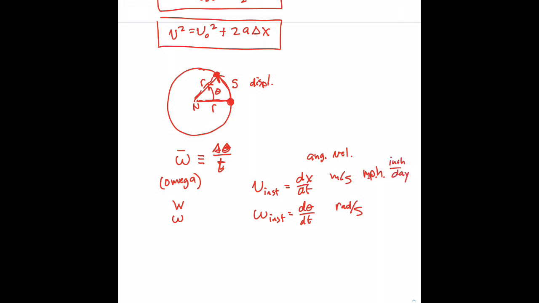As long as you have some amount of displacement divided by time, miles over hours, inches over days, those are all valid, but we prefer meters per second. So our preferred units for angular kinematics are radians per second, but you could have something like degrees per day, you could have revolutions per minute, which we often just refer to as an RPM, right?